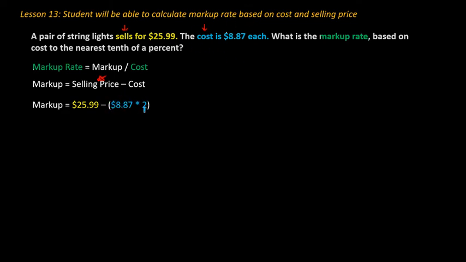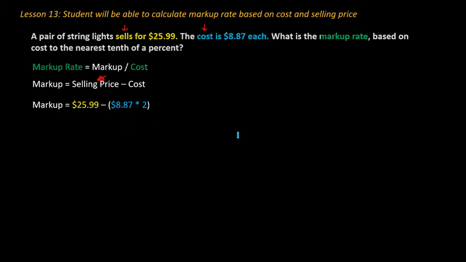Okay, so that's the first common mistake: if they give you a selling price for more than one unit, and then they just give you the cost per unit, you need to make these equal somehow, right? So we need to be talking about the same number of units in both cases. So if the pair sells for $25.99 and the cost is $8.87 each, again, we need to multiply by 2 so that in both cases we're talking about 2 units. And that's the first common mistake I'll mention.